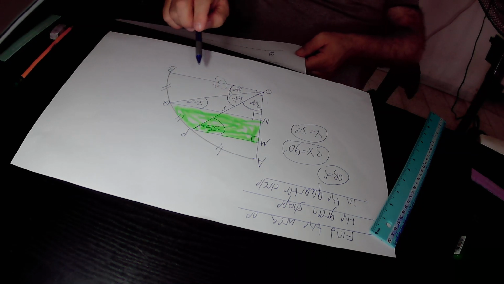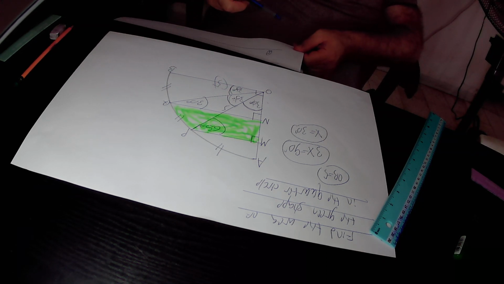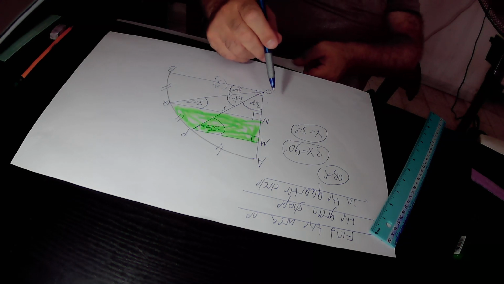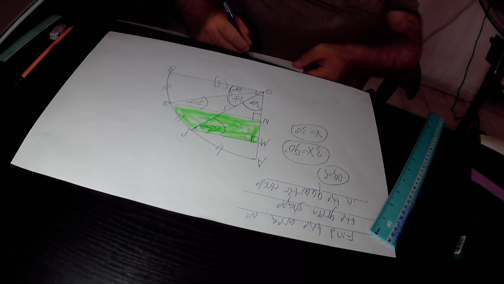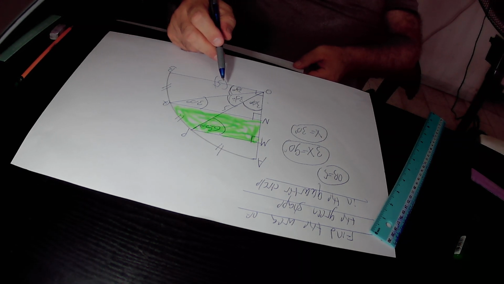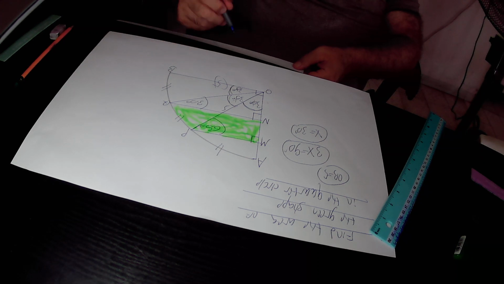So it is known the area of the right triangle NQO equals the area of the small right triangle NSO plus the area of this small right triangle OSQ.